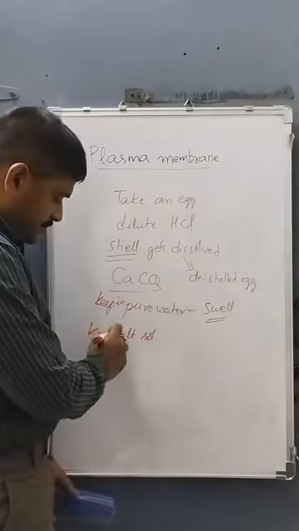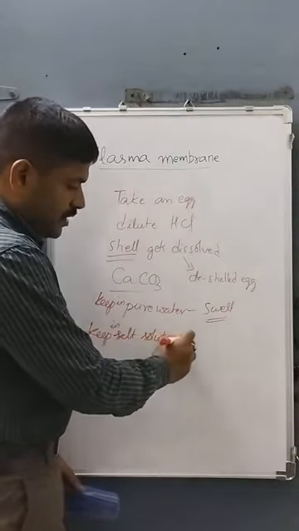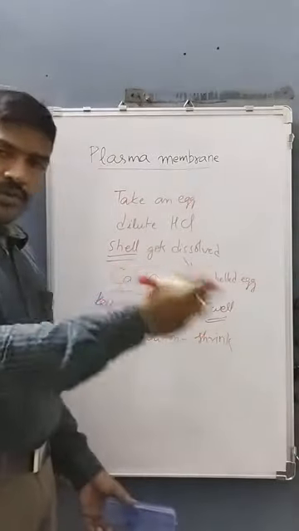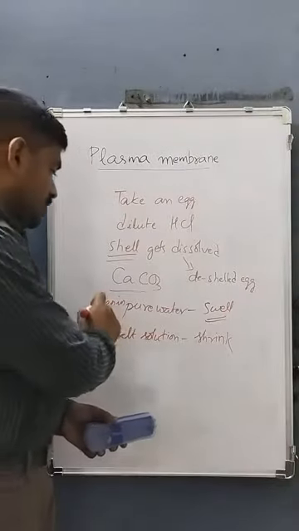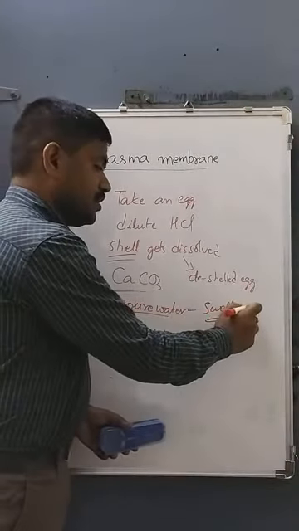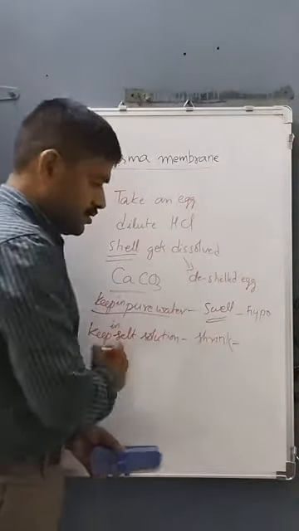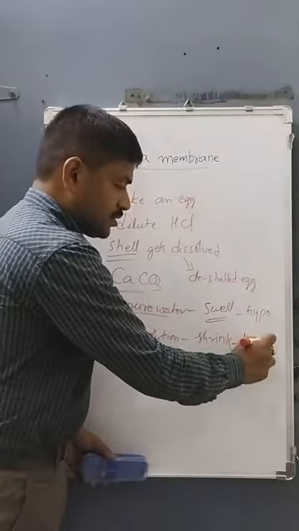The egg will shrink because the water will be moving from inside the egg to outside. So keeping in pure water, it is keeping in hypotonic solution. Keeping in salt solution, it is keeping in hypertonic solution.